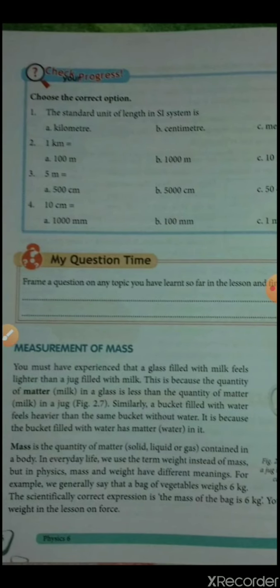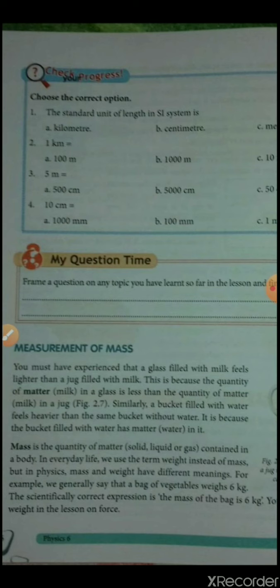That is called mass. This is because of the quantity of matter. A glass has less quantity of matter compared to the jar. So the quantity of substance that something is made up of is called mass. Mass is a quantity of matter.